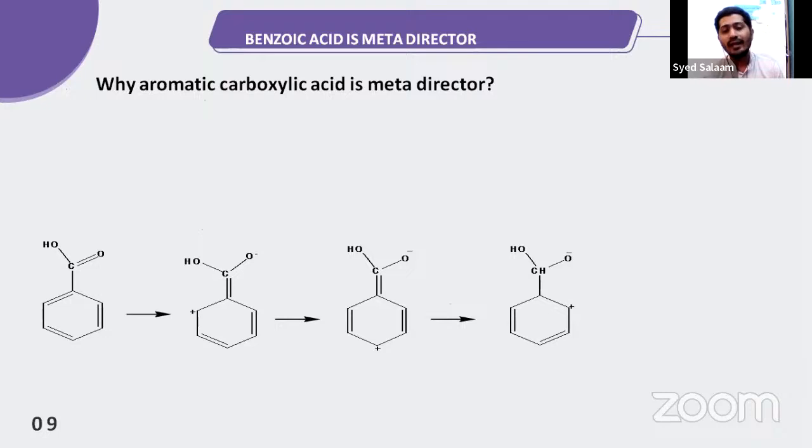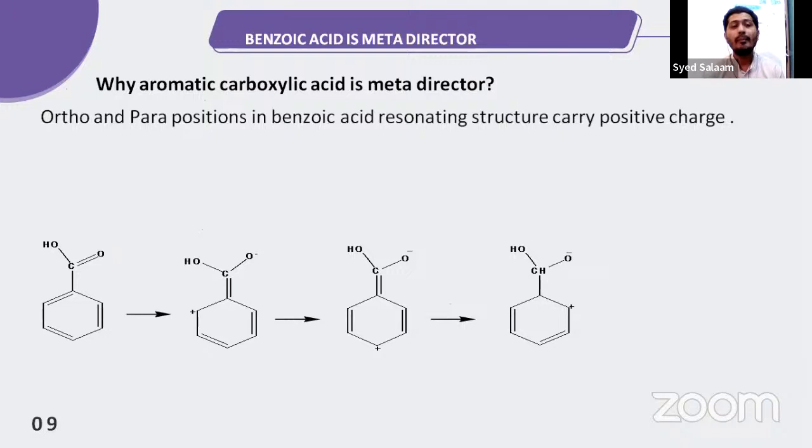So benzoic acid is meta-directing. You know that there are different directing groups, ortho-para directors and meta-directing groups. So the carboxylic acid group, COOH, is an example of a meta-director. The ortho and para positions in benzoic acid carry positive charge, because of the delocalization of the pi electrons of the double bond.